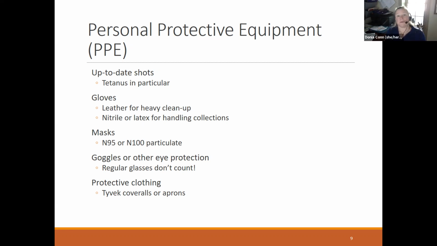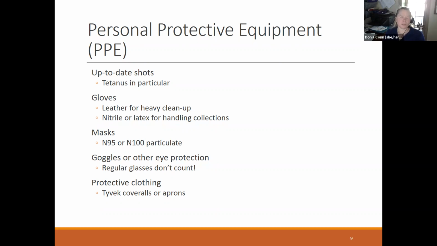And then protective clothing. And depending on what stage you are in the response, this could be different things. When you're doing that immediate response, that transitional response, you're going in, you're checking things out, you're climbing over debris, Tyvek coveralls are actually really handy, because it's going to mean you don't have to bring a change of clothes with you to the disaster site.